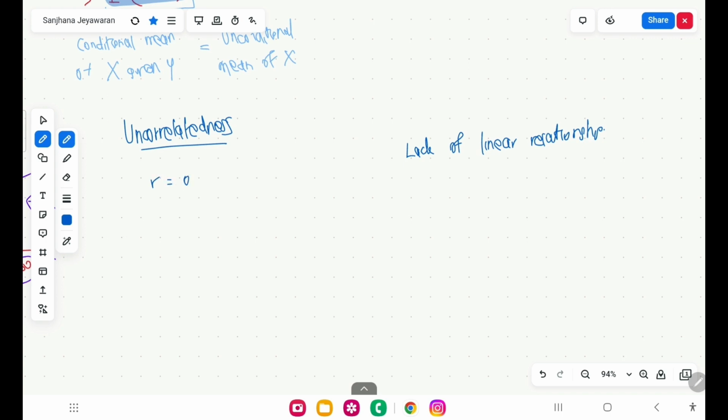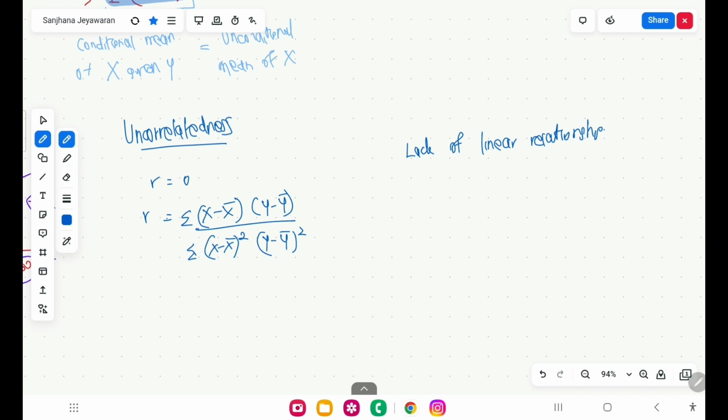R is equal to 0, right? If you all remember the formula for correlation, we wrote it as the sum of x minus x bar, y minus y bar, divided by the square root of the sum of x minus x bar squared, y minus y bar squared.